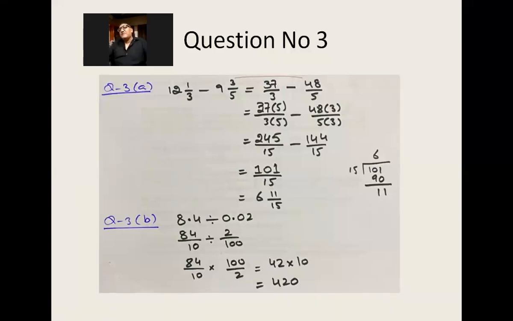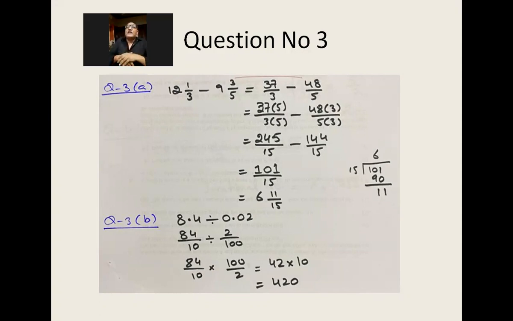5 nines are 45, and 45 plus 3 will be 48. So 48 divided by 5. The denominators are not the same, so I will try to make the denominator the same. In the first fraction, I will multiply numerator and denominator both with 5, and in the second fraction, I will multiply both with 3.